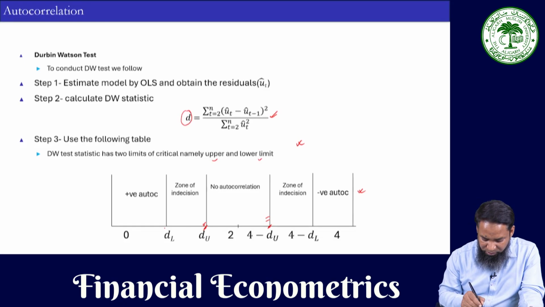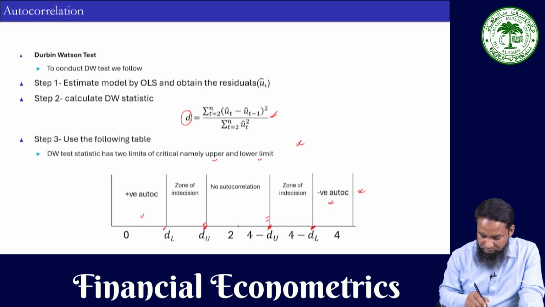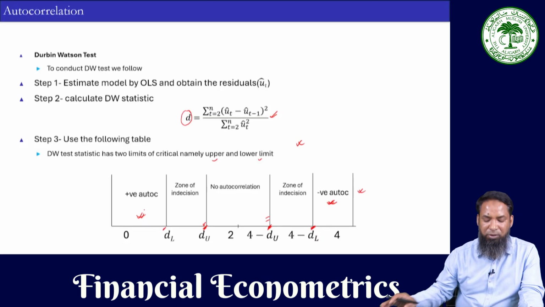However, if it lies between the lower limit and the upper limit in these regions, we cannot make any decision. If it is more than the upper limit, then, sorry, it is negative autocorrelation. If it is here, then it is positive autocorrelation.